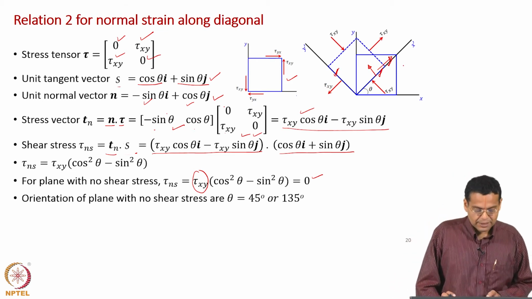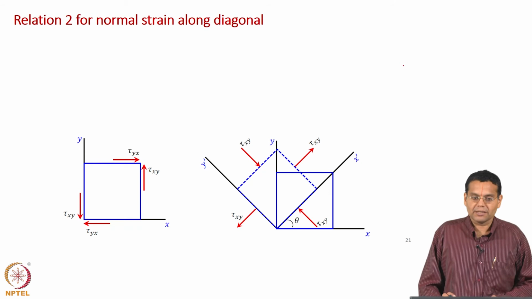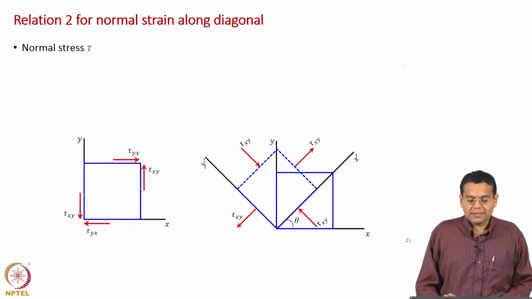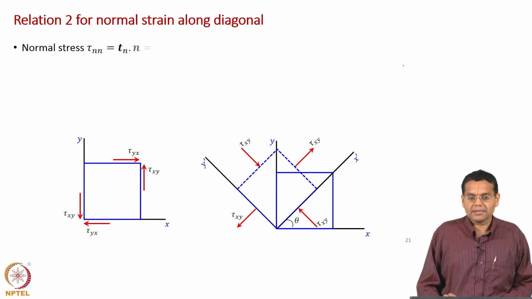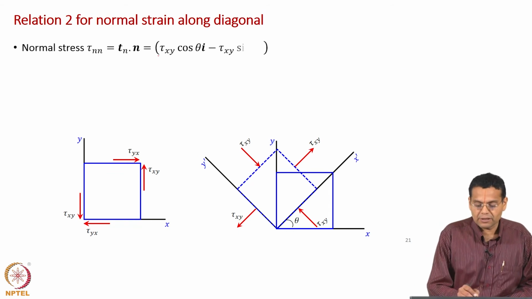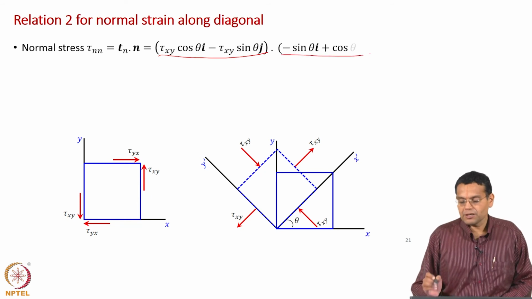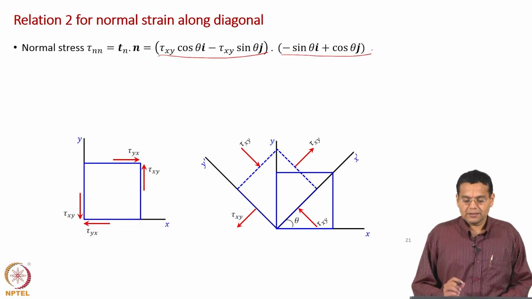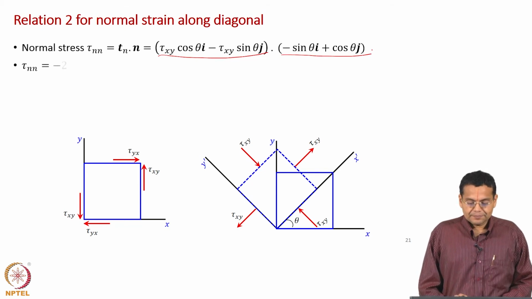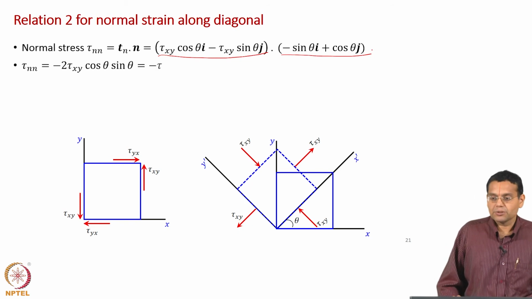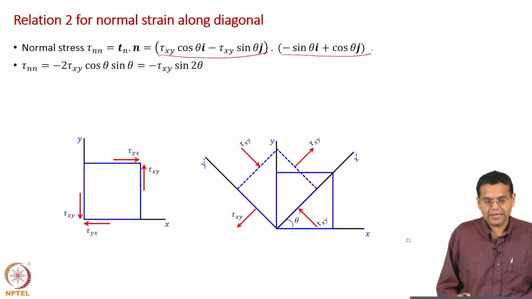Now, let us find the normal stress values along those planes. How do you find normal stress? Just take the dot product of the stress vector with the unit normal vector. If you take the dot product, you get minus 2 tau xy cos theta sin theta, which is minus tau xy sin 2 theta.